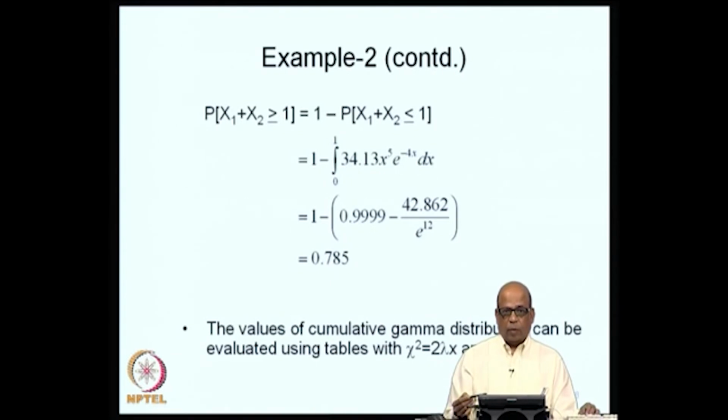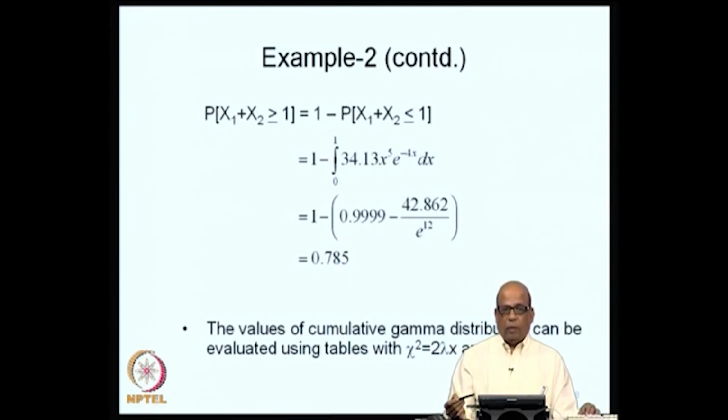Which means the probability of the total rainfall during the 2-month period, which consists of rainfall during month 1, x 1, and rainfall during month 2, x 2, exceeding 1 centimeter is equal to 0.785. Now, this is how we use the PDF of the gamma distribution.